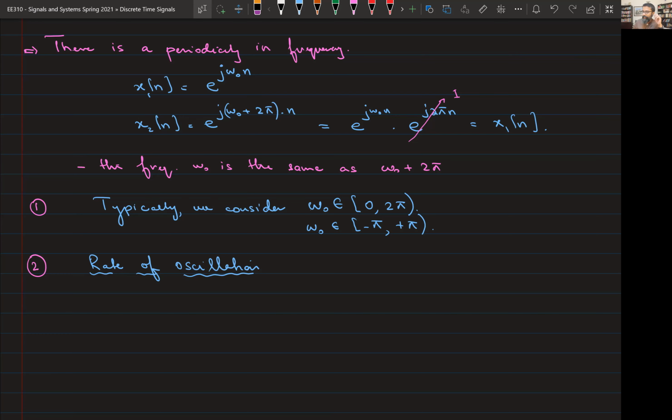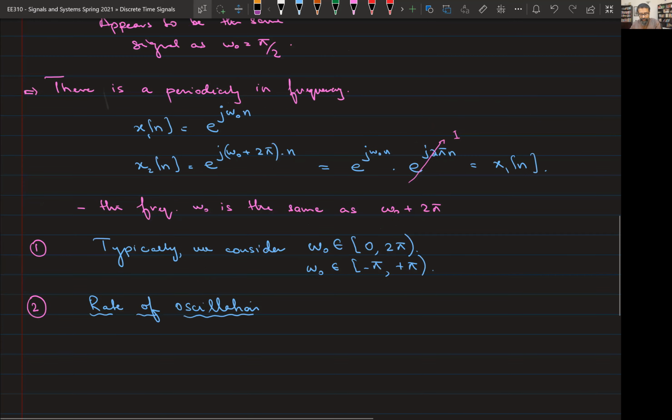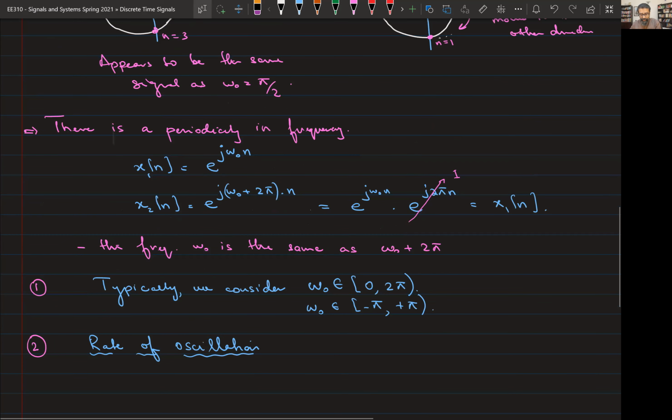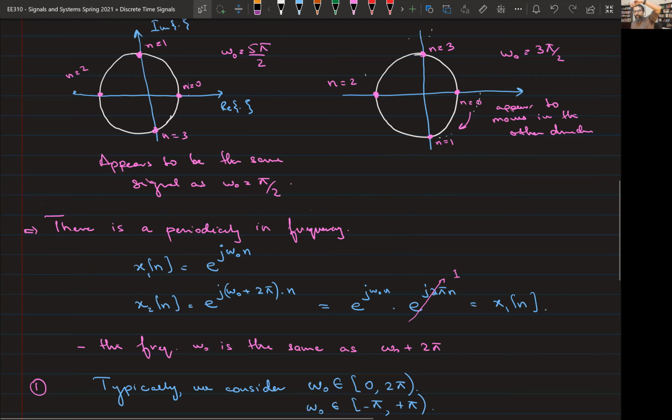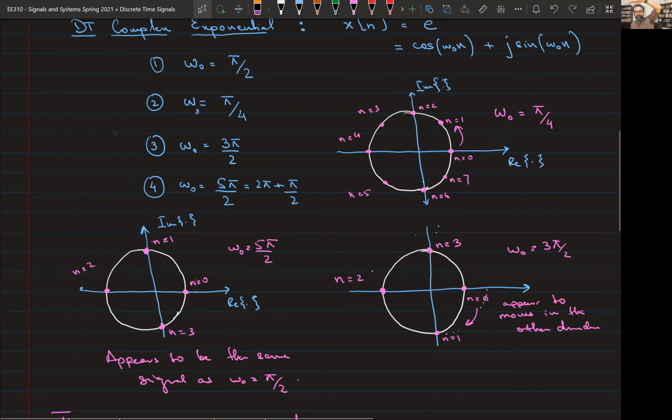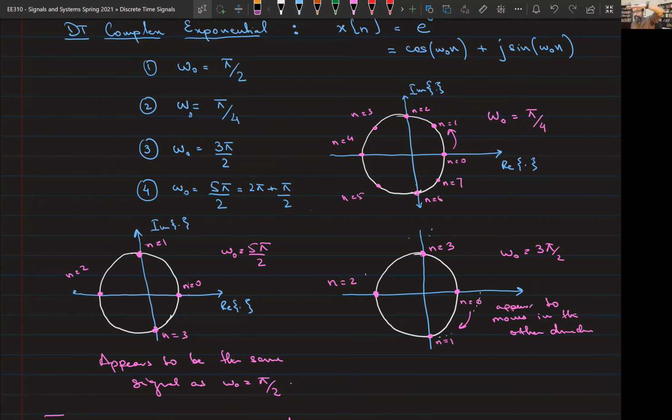So here's another interesting thing. If you go back to the examples that we saw, at omega naught equals 0, you would expect the signal to stay constant. It stays at theta equals 0 always, so it always stays equal to 1. And then pi by 4 and then pi by 2.